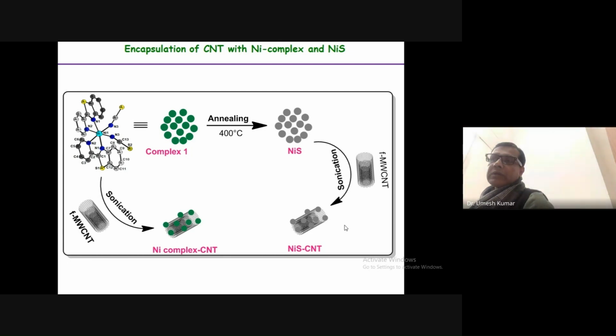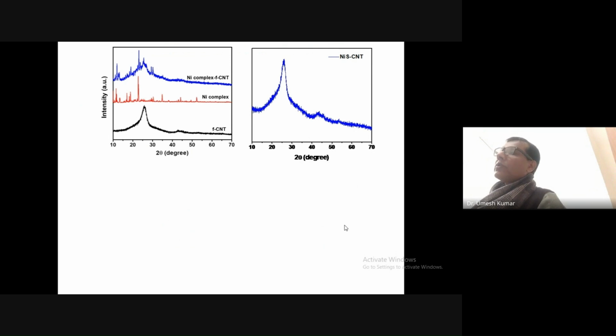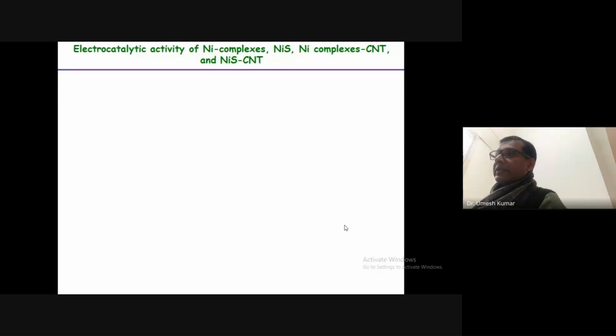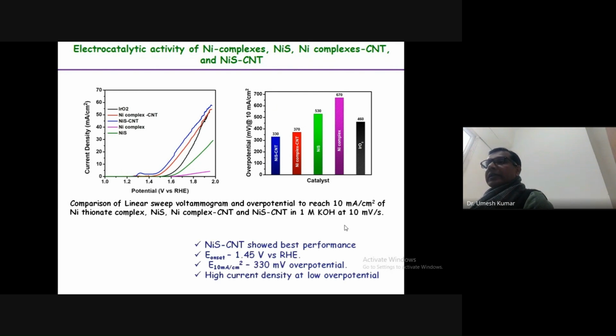All 4 materials, the nickel complex, nickel sulfide, nickel sulfide CNT, and nickel complex with CNT, have been analyzed for electrocatalytic activity for OER reactions. These materials were also characterized by PXRD data and SEM images. The electrocatalytic activity has been shown here, and we found that nickel sulfide CNT has the best performance among these, even compared with iridium oxide.